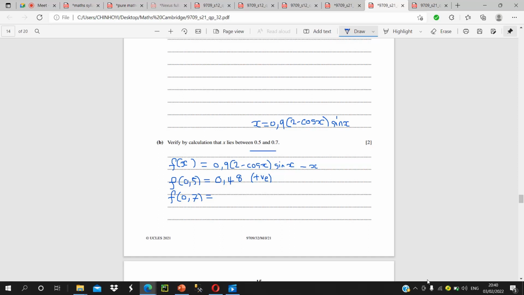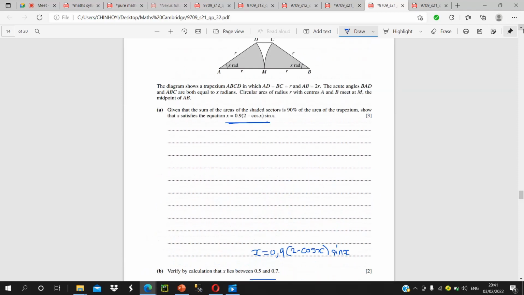Yes, it is. The first one you are getting positive or negative? It's positive. What about the second? It is also positive. Are you sure?